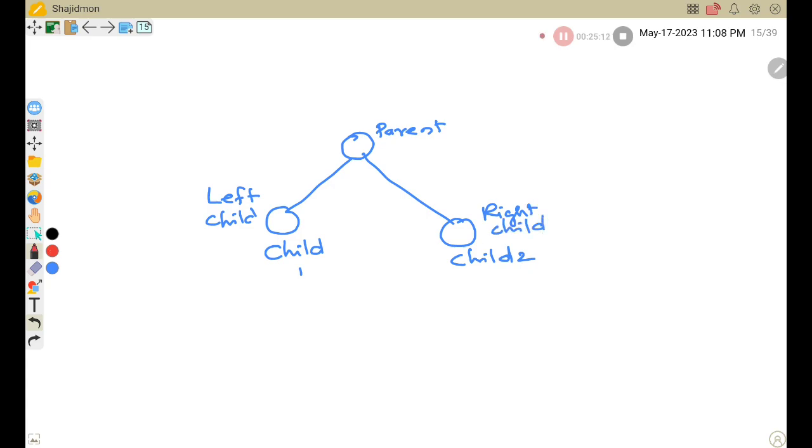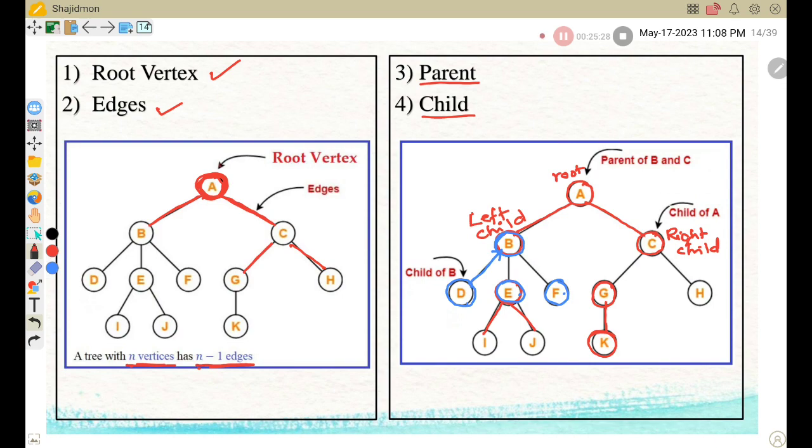If you are drawing here, this is another child, child number 3, like that we can take. So that is the parent vertex, the main vertex. For example, B and C are the children. Hope you understood the first 4 points: root vertex, edges, parent and child.